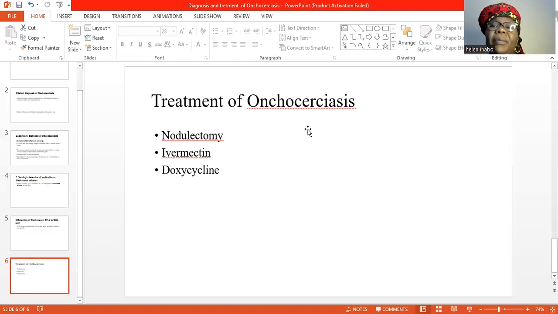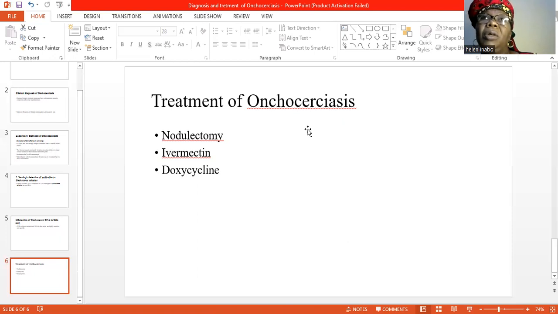Then doxycycline can also be administered to eliminate the endosymbiont Wolbachia species that is found in the female adult Onchocerca volvulus.